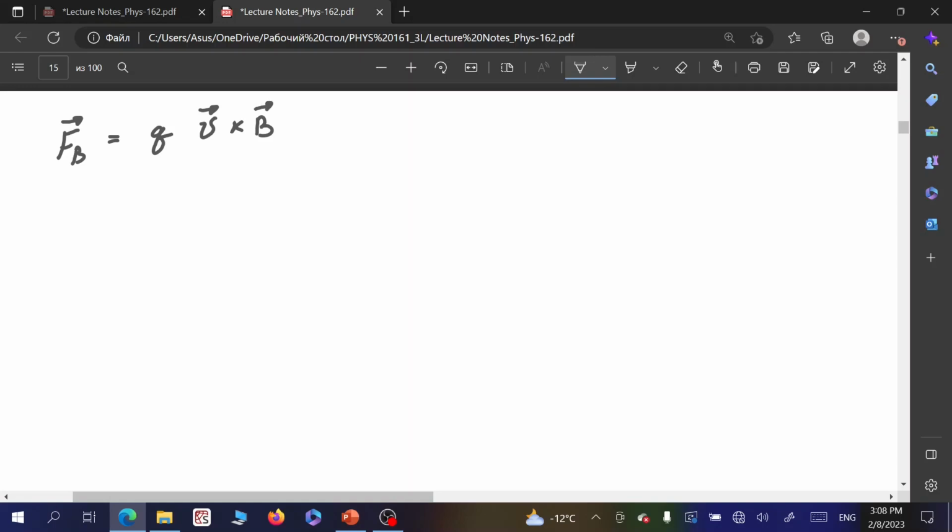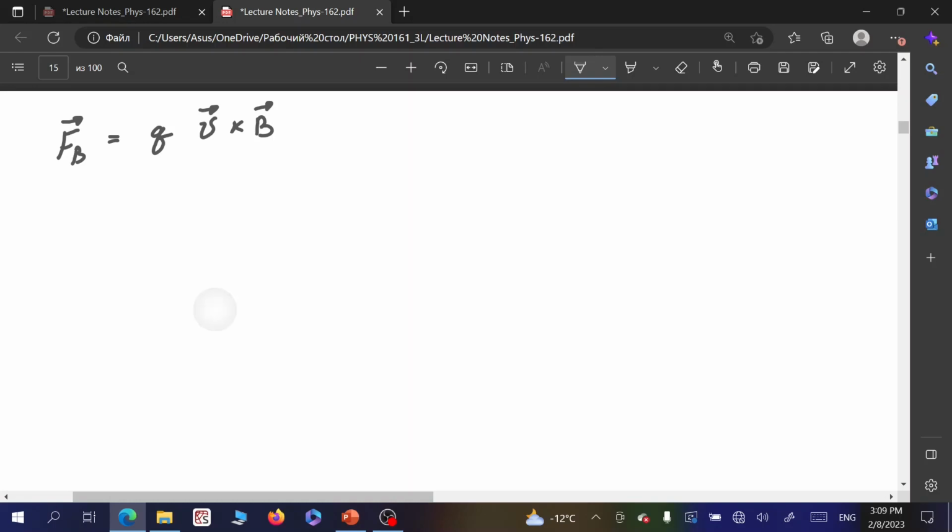So if we consider now our charges which are moving in the conductor, then we need to consider the so-called drift velocity, meaning this directional motion of charges in the conductor because of the internal electric field, which drives it in a certain direction.